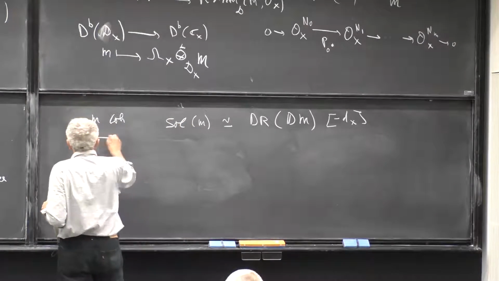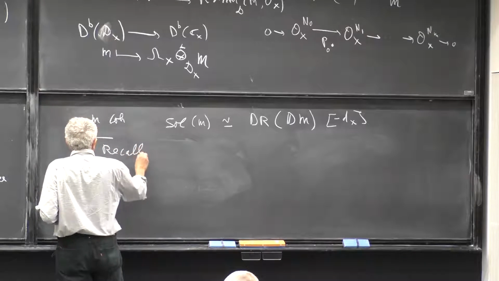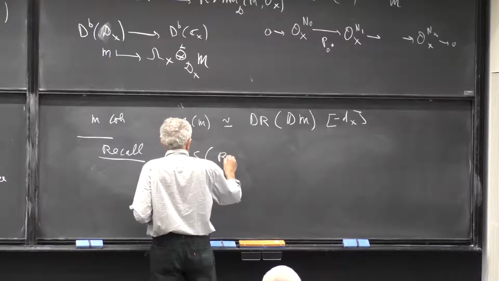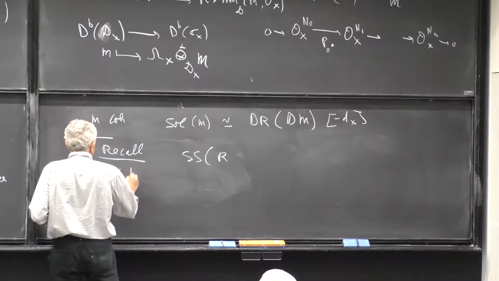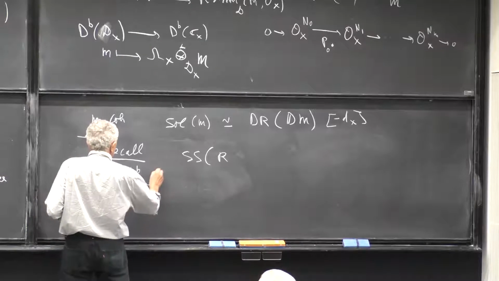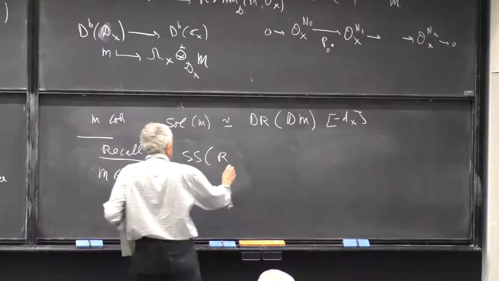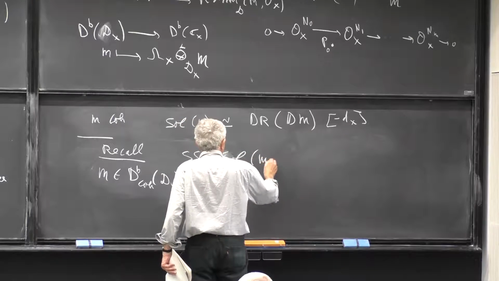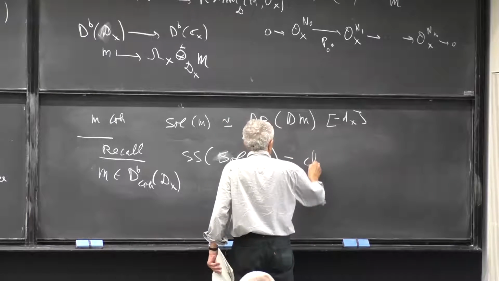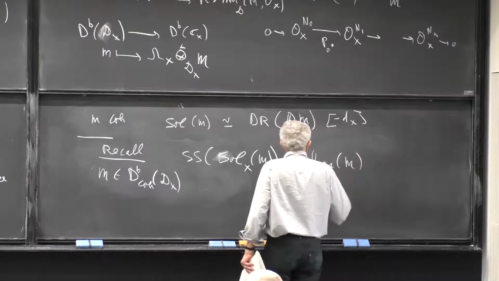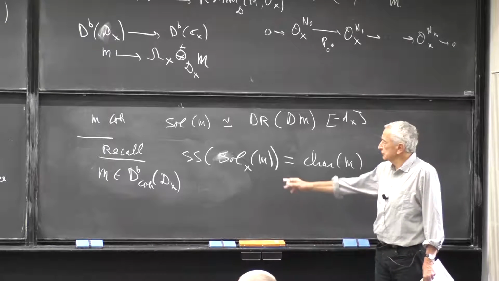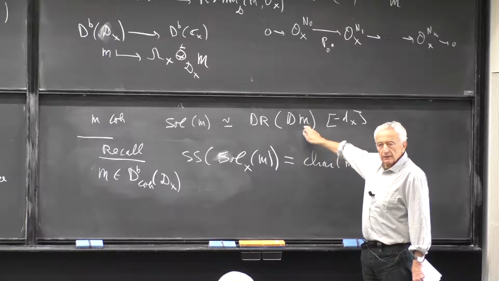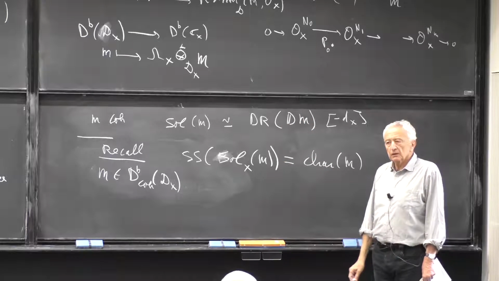And as I recalled in my first talk, if M is coherent, the microsupport of the complex of solutions is equal to the characteristic variety of M. And of course, you can put de Rham instead of Sol, because the characteristic variety of the dual is the same as the characteristic variety of the module.